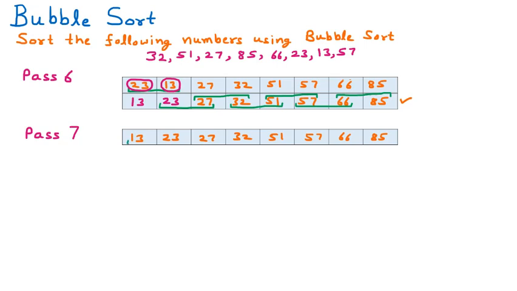So we are comparing the first two elements, 13 and 23, no problem, in ascending order. 23, 27, 27, 32, 32 and 51, 51 and 57, 57 and 66, 66 and 85. So no swapping is there because all the elements are in ascending order.